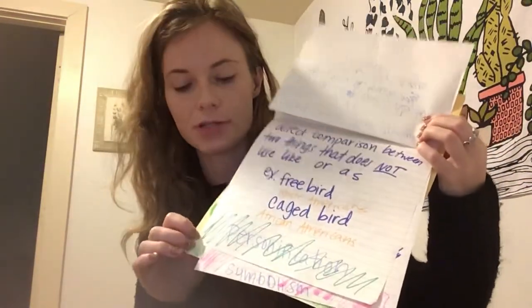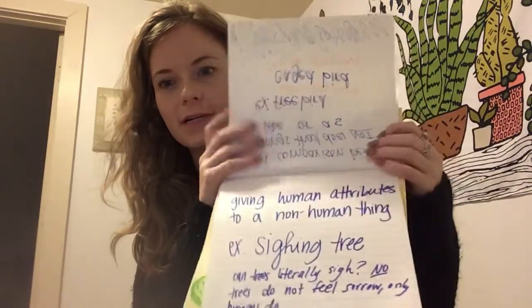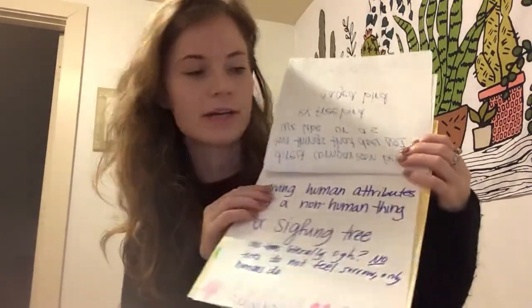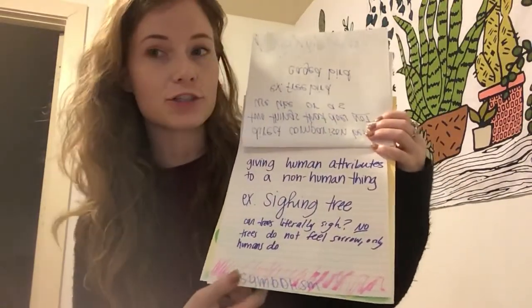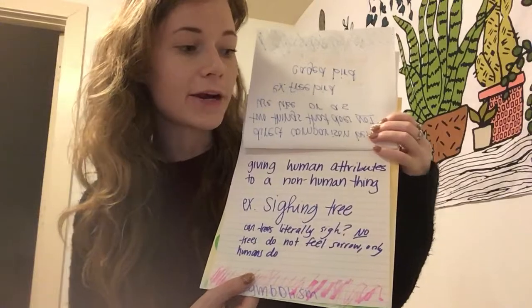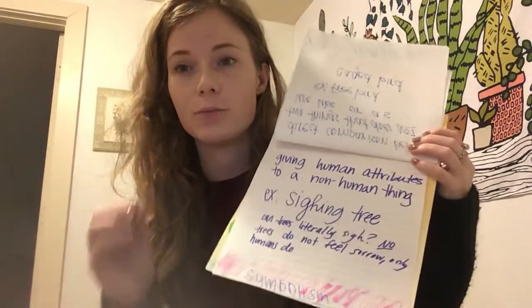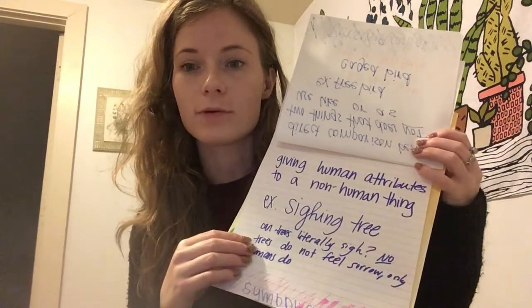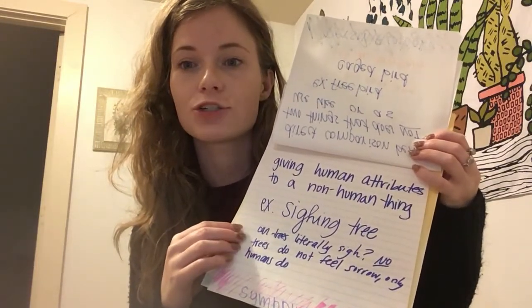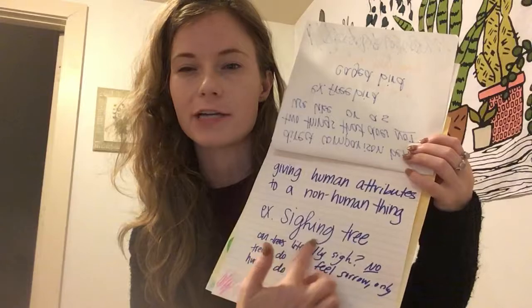Next one is personification. So I'm going to flip up. Oop, there's my definition for personification. So personification is giving human attributes or characteristics to a non-human thing. So my example was a sighing tree.